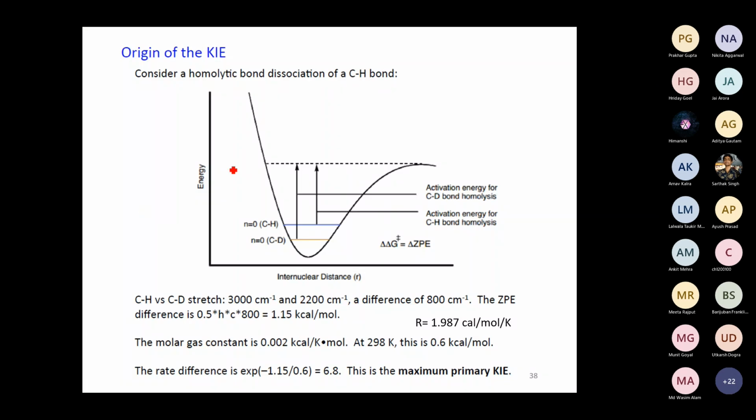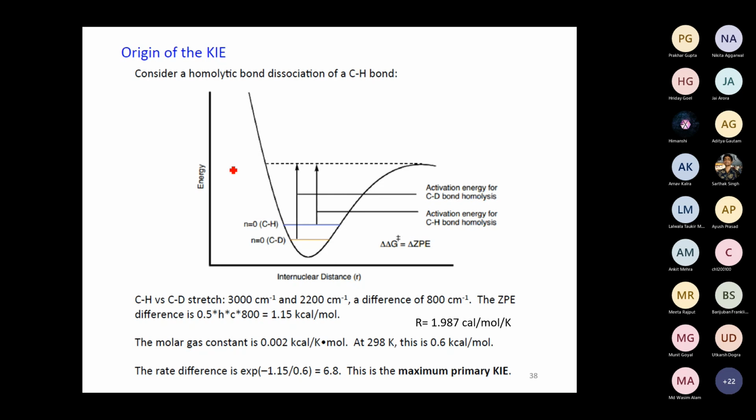So I'm trying to teach with some pictorial way to understand the origin of the primary kinetic isotope effect. Basically, if you replace hydrogen of a starting material with deuterium, the rate may be affected. If the rate doesn't change, then it doesn't matter; this kinetic isotope effect will not help you understand the mechanism.